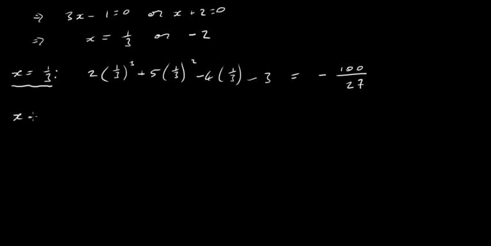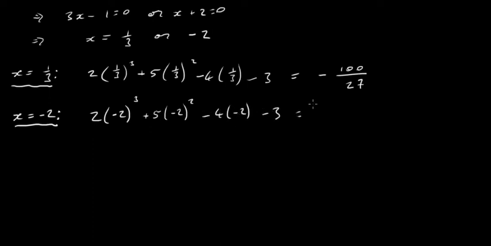The next one is x is equal to minus 2. So what's the y value for this one? Well, we've got 2 times minus 2 cubed plus 5 times minus 2 squared minus 4 times minus 2 minus 3.